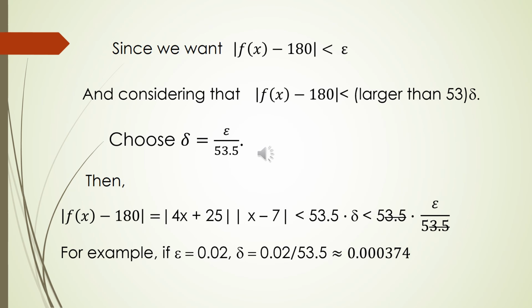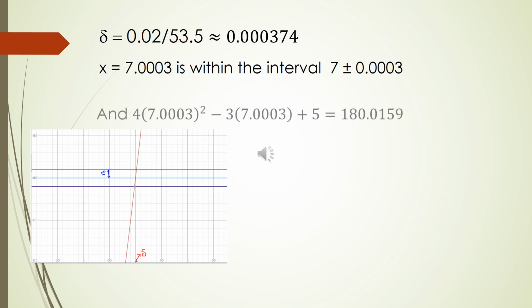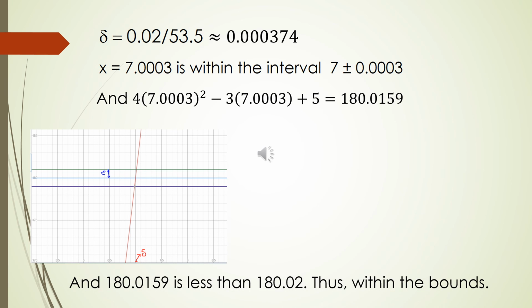So for example, let's suppose we wanted to be within 0.02 of 180. Then pick delta to be 0.02 divided by 53.5, and that is approximately 0.000374. So then choose a value of x that falls in that interval. For example, 7.0003 is within 0.000374 of 7.